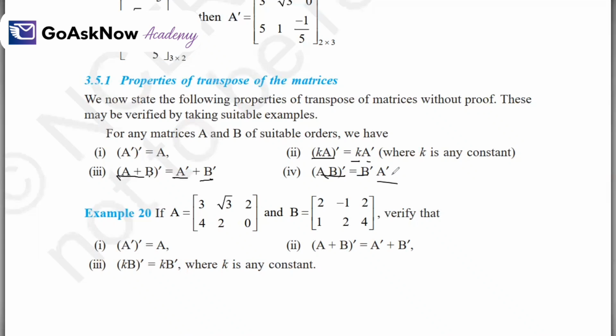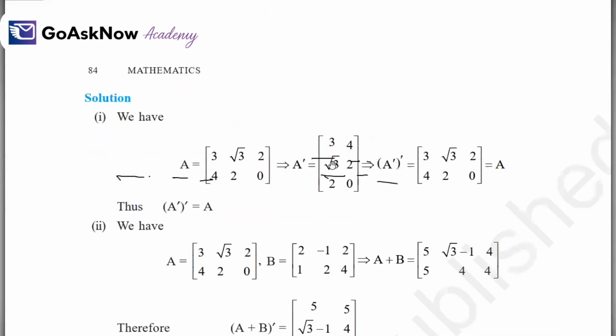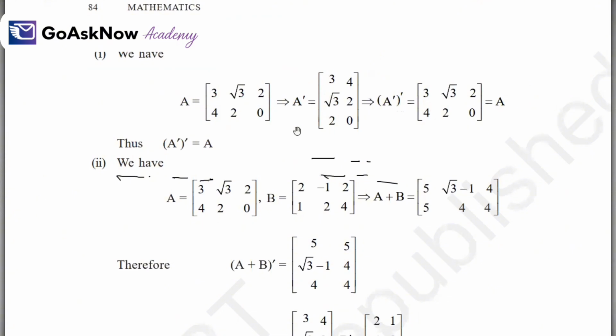So we will see why these properties are true. If A is equal to the matrix with rows 3, root 3; 2, 4; 2, 0, and B is equal to the matrix with rows 2, minus 1; 2, 1; 2, 4, verify that (A dash) dash equals A, and (A plus B) dash is equal to A dash plus B dash, and (kB) dash is equal to k into B dash, where k is any constant. So we have to prove these properties here. Let's see how these are proved. We have A equal to this, then A dash will be just the exchange of the elements of rows and columns.